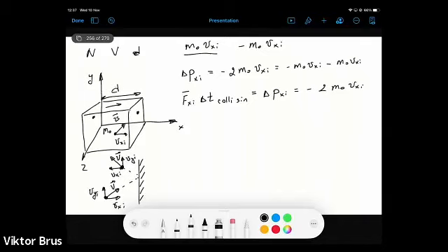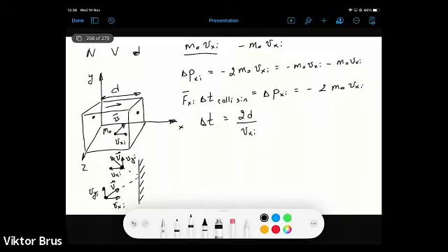So it has to travel a 2d distance in order to hit it again. So let us figure out this time interval, delta t, which will be 2d divided by Vxi.